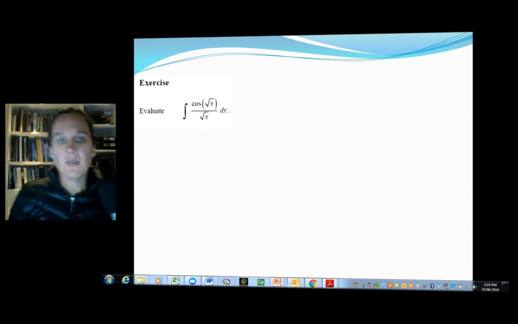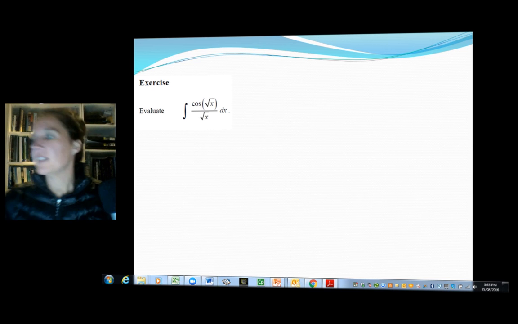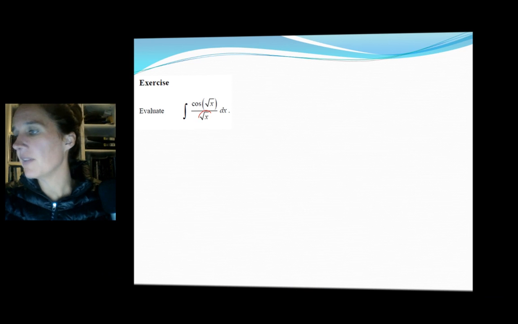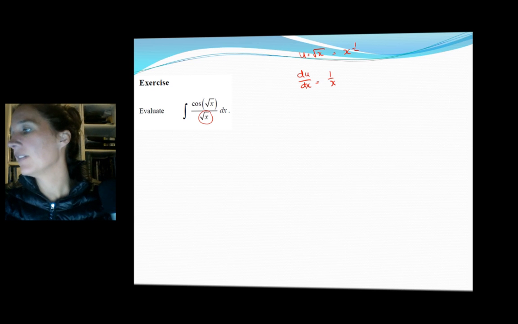So keeping on going with these questions here, we're saying here, well, this is our common function, square root of x. U is equal to the square root of x, which is equal to x to the power of a half. Du on dx, therefore, becomes here a half x to the power of negative a half, becomes 1 on 2 root x.